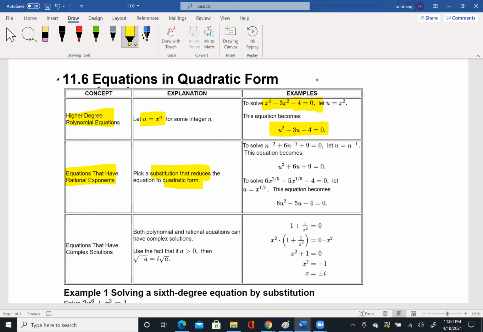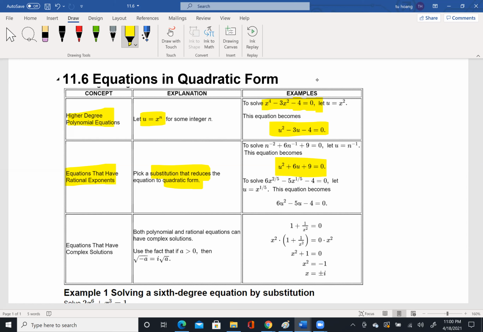For example, you want to solve n to the power negative 2 plus 6n to the power negative 1 plus 9. We're going to let u equal n to the negative 1. So now the equation becomes u squared plus 6u plus 9 equals 0, and then we keep solving it as a quadratic equation.